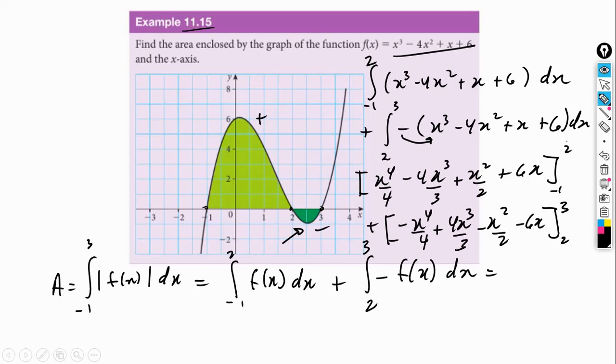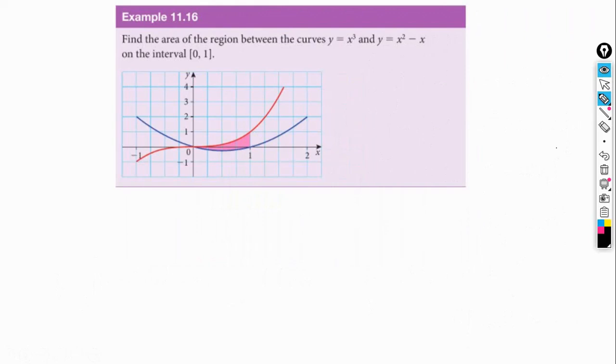And if you do the math, that's going to give you 45/4 for the first one plus 7/12, which is going to equal 71/6.